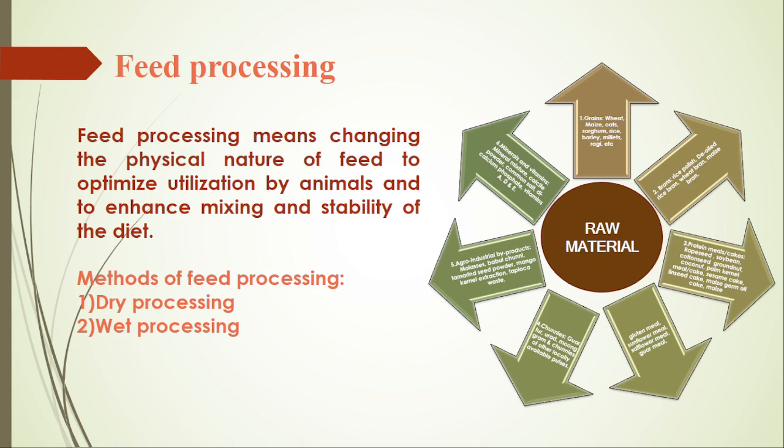It is a common method, and the methods included in dry processing are roller milling and milling plus pelleting. So these are the two types of methods which are mentioned as dry processing.